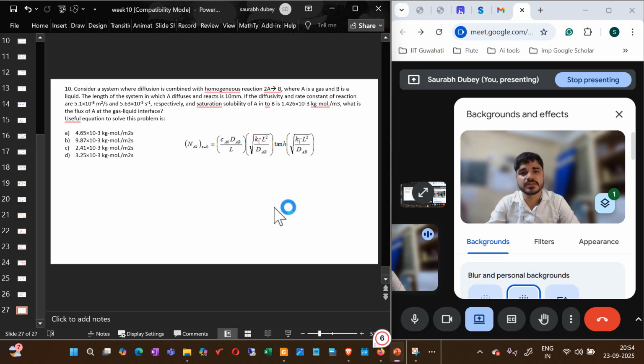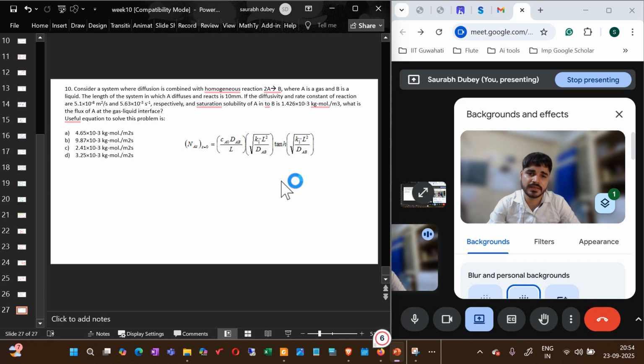But in case of this homogeneous reaction, 2A gives B, because of that you have to add the source term in the conservation equation, right? So where A is gas and B is liquid, the length of the system in which A diffuses and reacts is 10 mm.